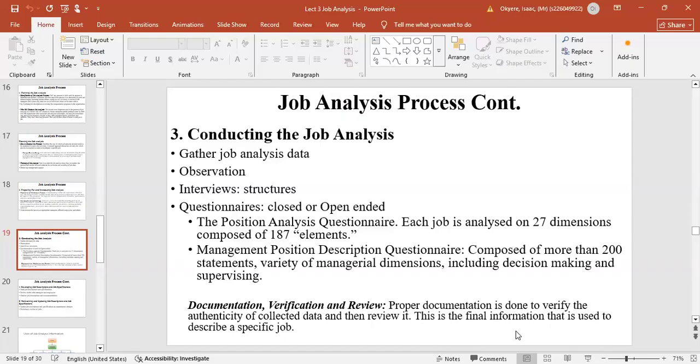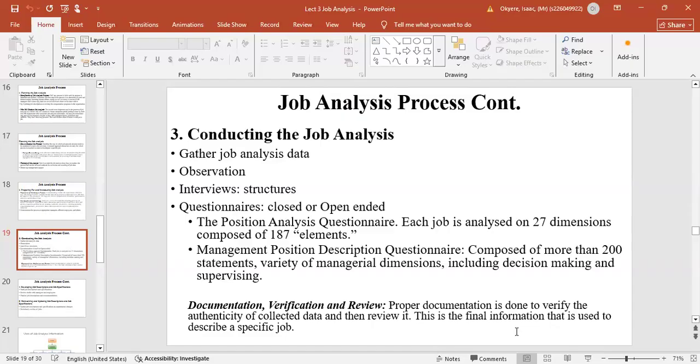He gathers the data using observation, using interviews, using questionnaires, etc. So he can study the jobs by allowing people to fill some of the questionnaires for him. By so doing, you are gathering your data.